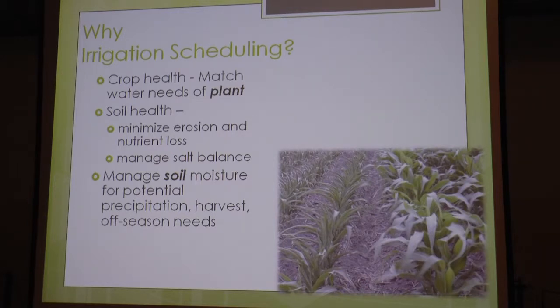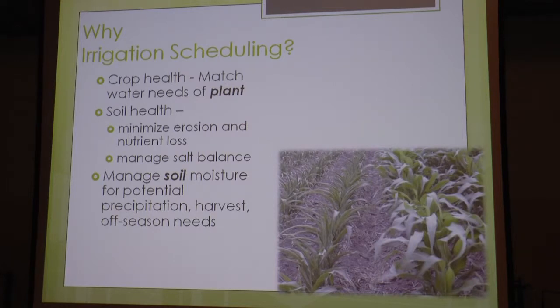So why might this be useful? Improved irrigation water management, including scheduling, matching the needs of your plant in terms of timing and amount. It connects to soil health. As we showed, every time we irrigated the fields that we manage over there, we lose sediment if it's furrow irrigation.